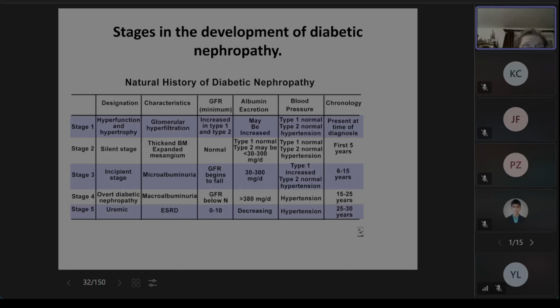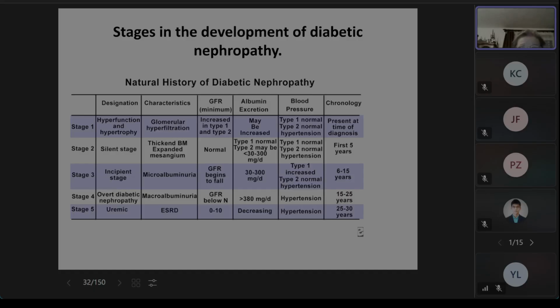The third stage is called the incipient stage, because in this stage we can find microalbuminuria and the beginning of the fall of GFR level. So it is starting to be less than 90 milliliters per minute.